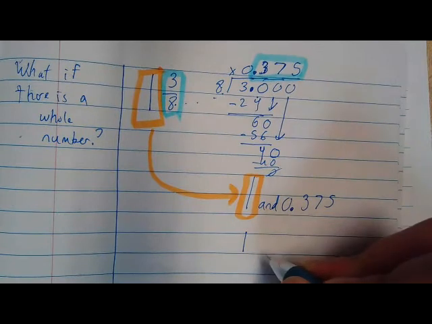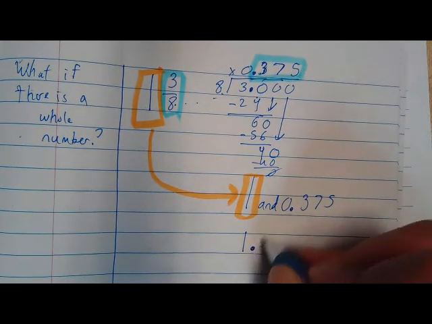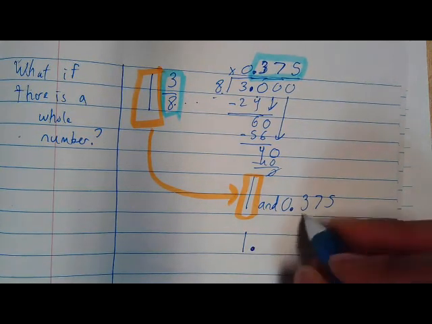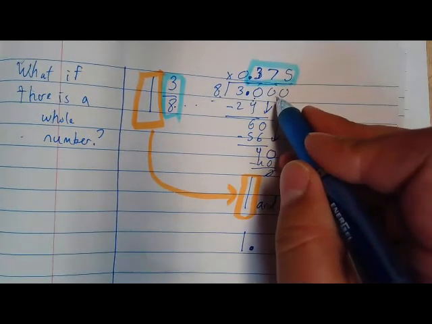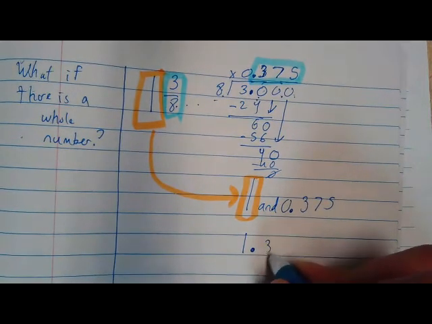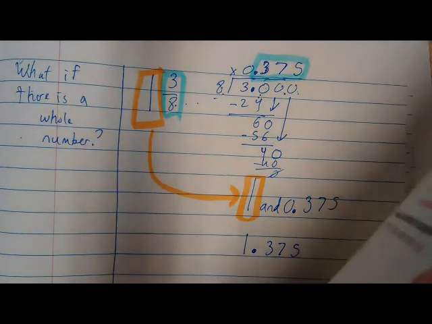The 1 stays the same. So you can take out the 0. And you add a decimal point, because you're not going to write the word and, because you're saying, hey, I have 1 and 375 thousandths. Tenths, hundredths, thousandths. 3 zeros, 3 place values. 375 thousandths. And I think that's your answer. Let me check just to verify.